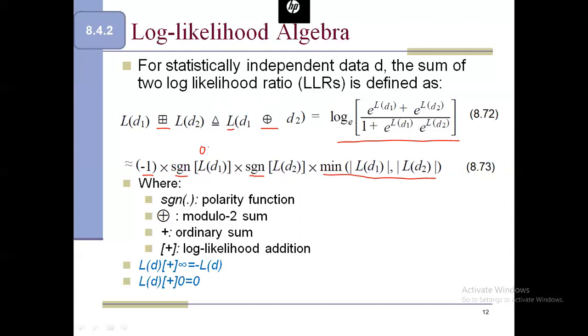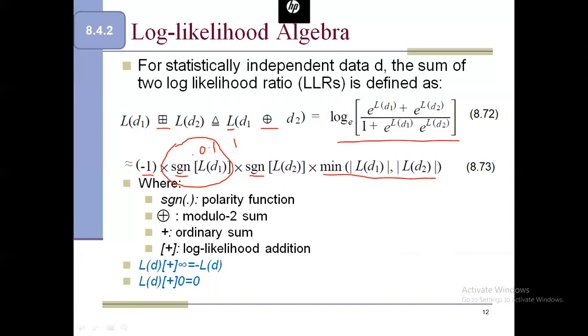For example, its value is 0.1. So the output of this is 1.